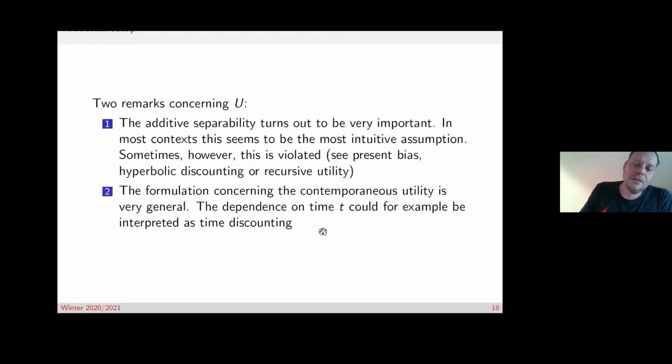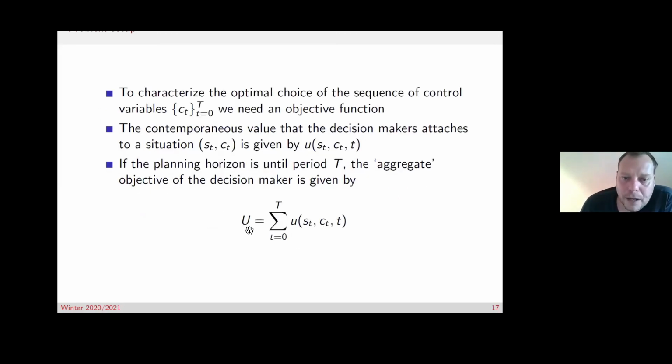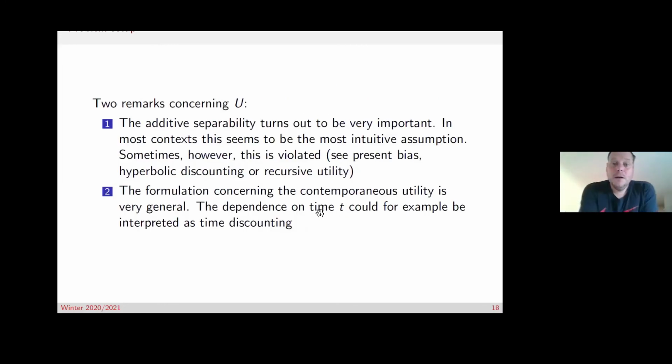And this additive separability, so that you just have an additive sum of all the rewards for every period, turns out to be important. Why is it important? Well, the idea is very simple. If you want to maximize U, which is the sum, then you can just maximize all the parts of the sum. This makes it very easy, right? So this is very important.